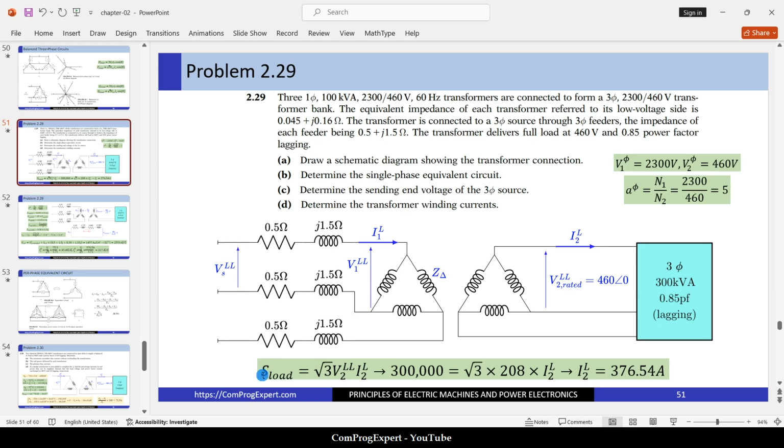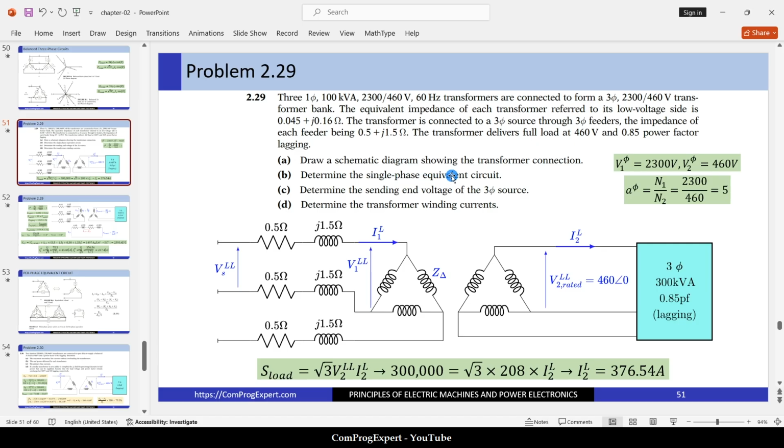The load volt-ampere is square root of 3 times V2 line-to-line times I2 line. 300 kVA is equal to this, and the value of the line current for the secondary side is 376.5 amps. This is the value of the load current that we will use later for our calculations.